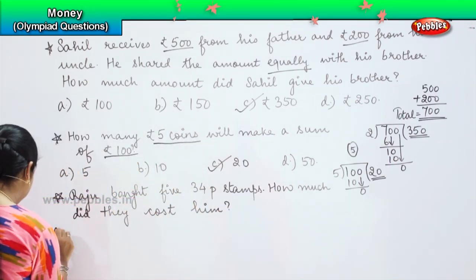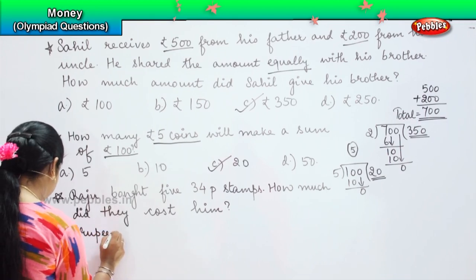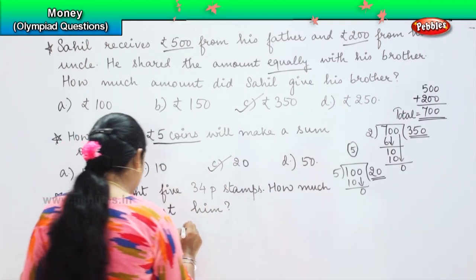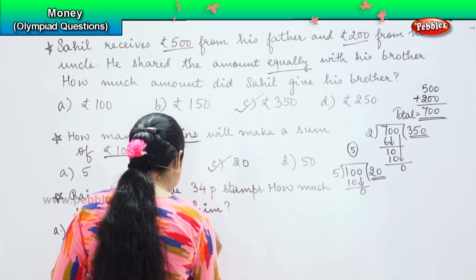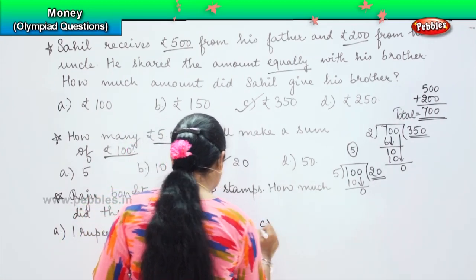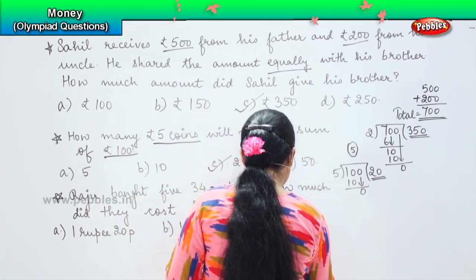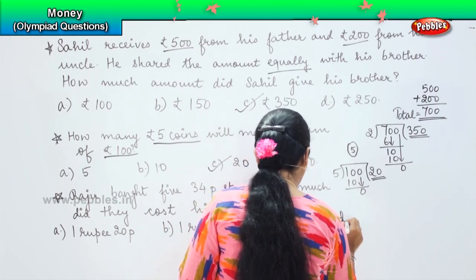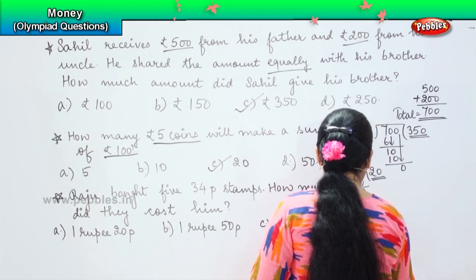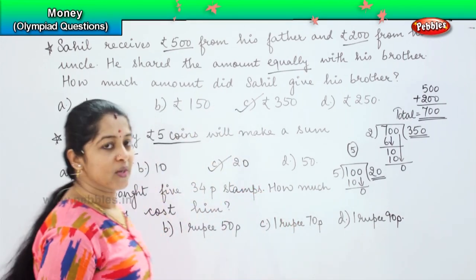Okay. And the options given here are 1 rupee and 20 paise. Option B, 1 rupee and 50 paise. Option C, 1 rupee and 70 paise. And option D, 1 rupee and 90 paise. Okay.